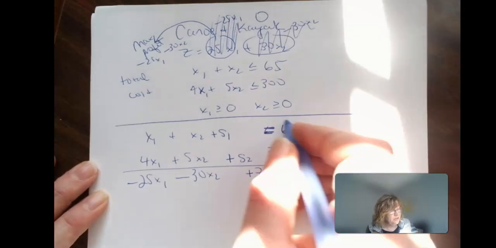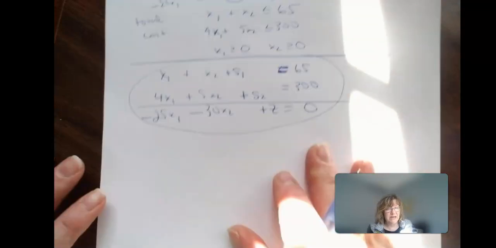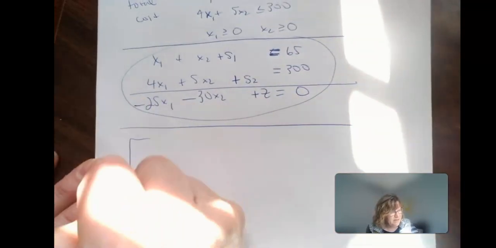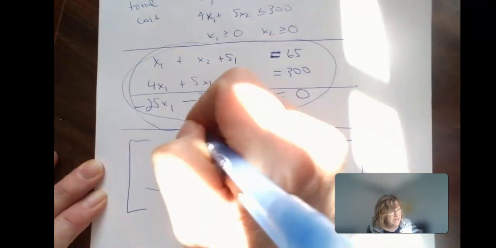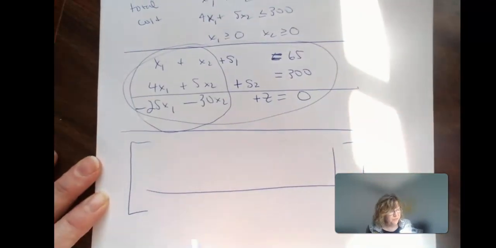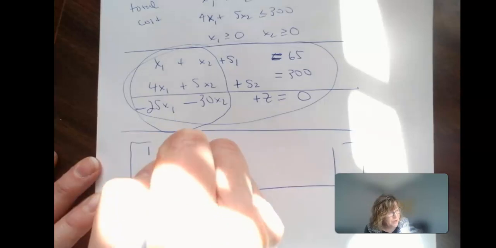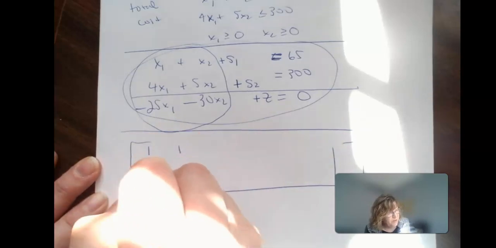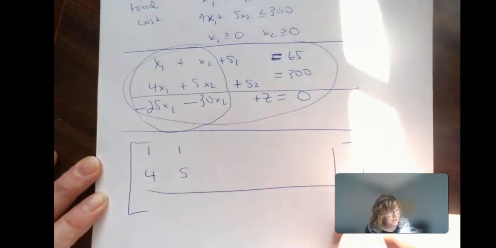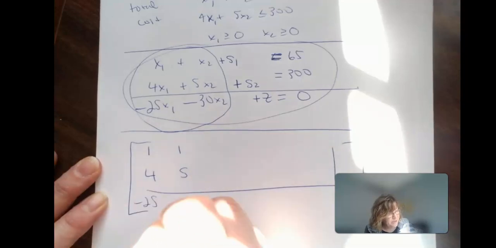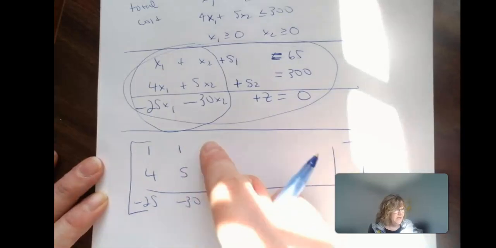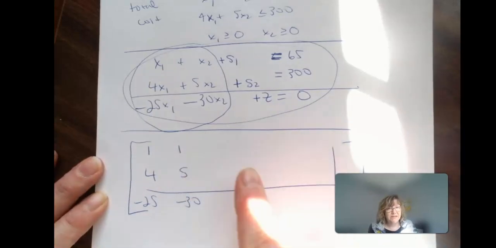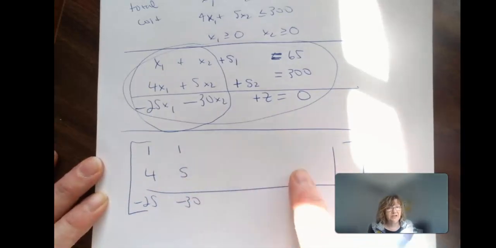Okay, we are going to turn this into a matrix. Now, the way I like to do that is I like to take my x1 and x2 columns and write those first. So I would write 1, 1 in the first row, 4, 5 in the second row. I draw a big line, and under that put negative 25, negative 30. Those are my x1s and x2s. Then I would have my diagonal of 1s for my slack 1, slack 2, and my z.